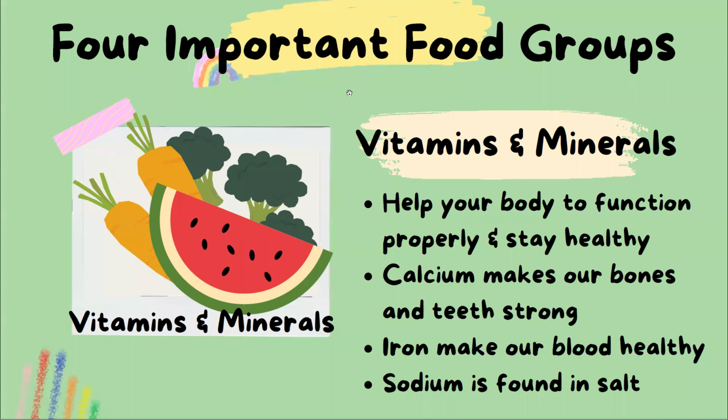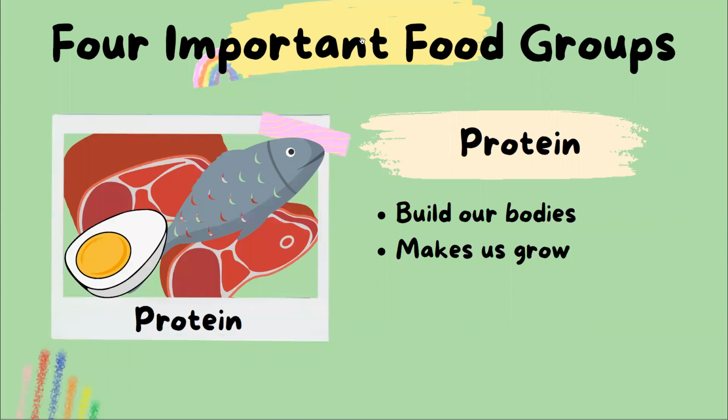Okay, the third most important food group would be protein. Protein helps to build our bodies and make us grow. This is especially important for bodybuilders. Another form of protein that I've not shown in here is protein shakes. Okay, don't get yourself confused.